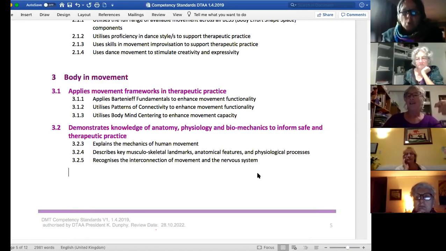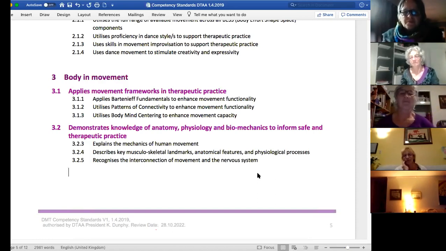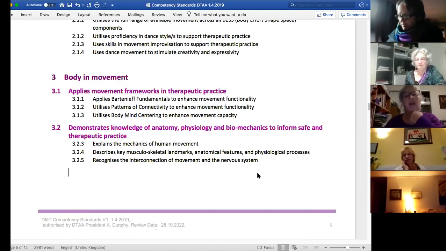We recognize that, and in the same way, maybe you wouldn't run a Bartenieff Fundamentals workshop either. No, I wouldn't know how, but you would have some basic awareness of what this system might offer, and maybe a few skills. Yeah, we did that as part of the grad dip, but it would be more on that level, because this is beginner level. So it just needs to be clearer, I think.